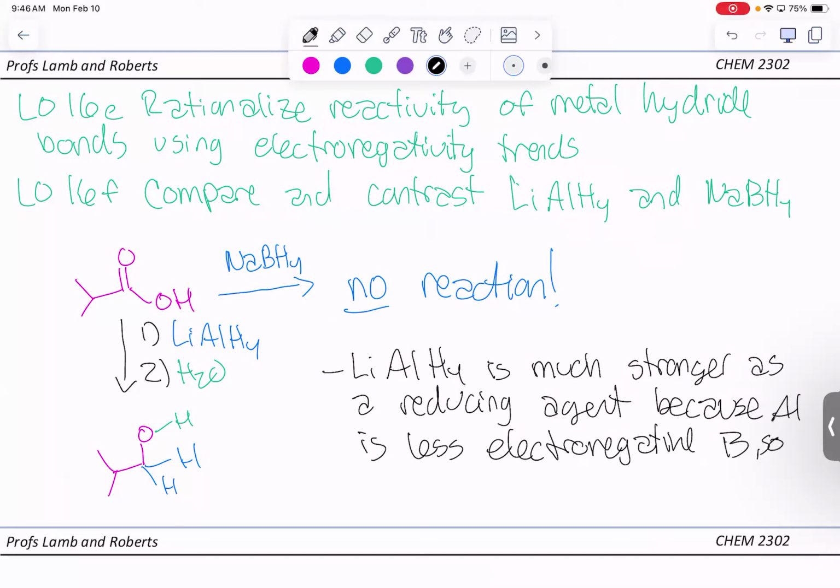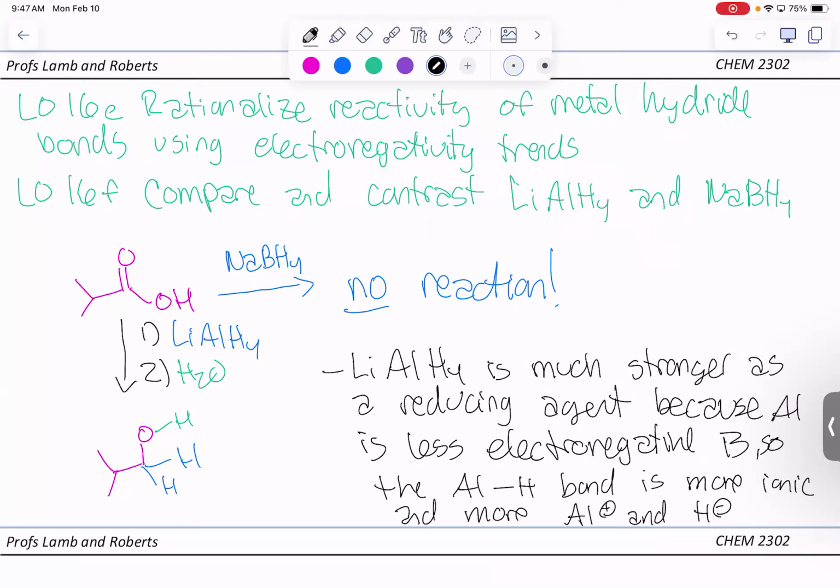So the aluminum hydride bond is more ionic, more aluminum plus, and H minus. Right, this is the exact same idea that we have with acidity, all right? It's just that the electrons are going to a different atom, right? So when we're thinking of really acidic acids, we think about things that can stabilize negative charges really well.